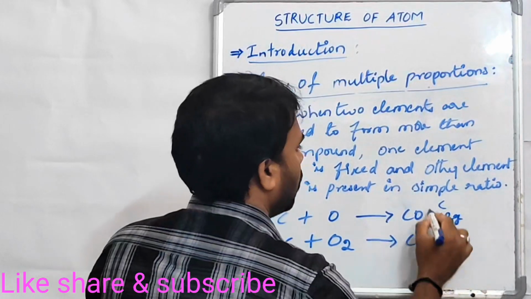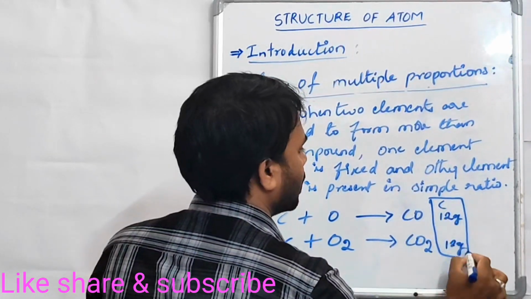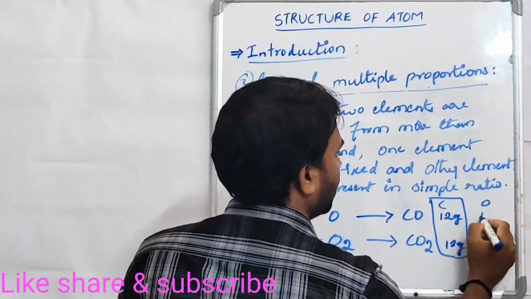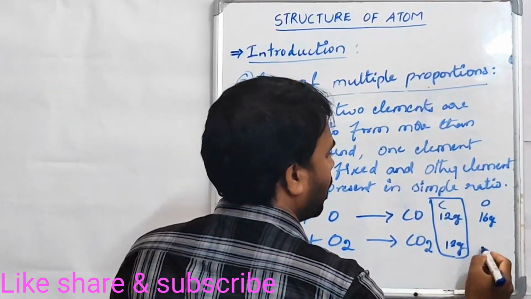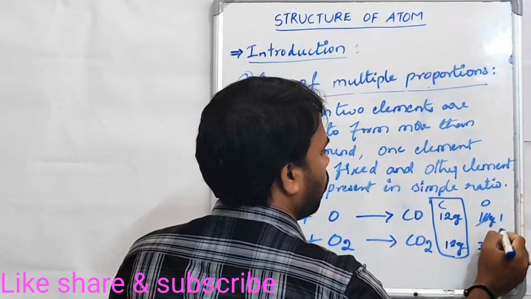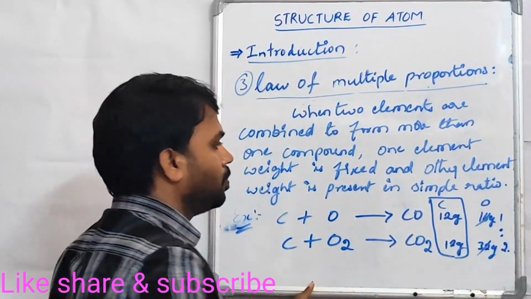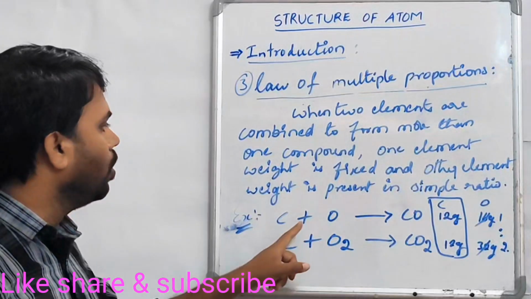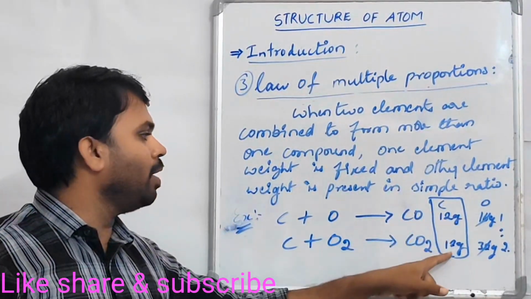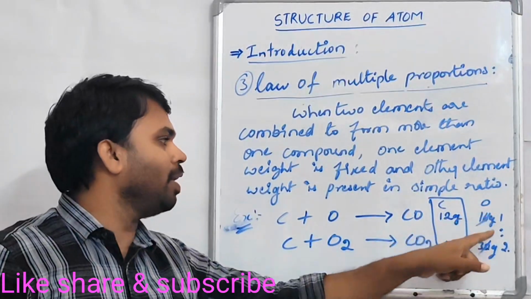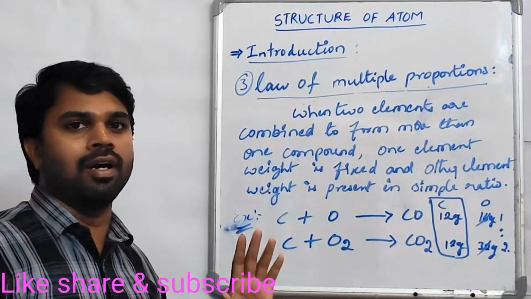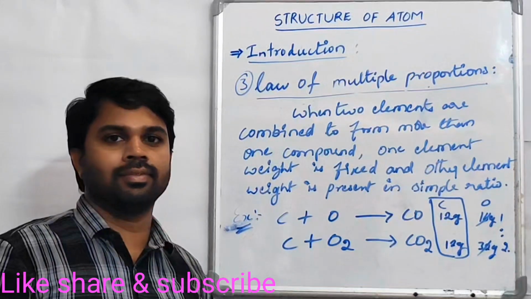One element's weight is fixed, and oxygen weight is 16 grams in the first compound and 32 grams in the second compound. These weights are present in 1:2 ratio. When two elements combine to form more than one compound, one element's weight is fixed and the other element's weight is present in a simple whole number ratio. This is the third law, law of multiple proportions.